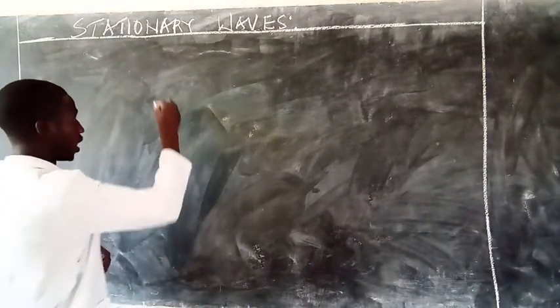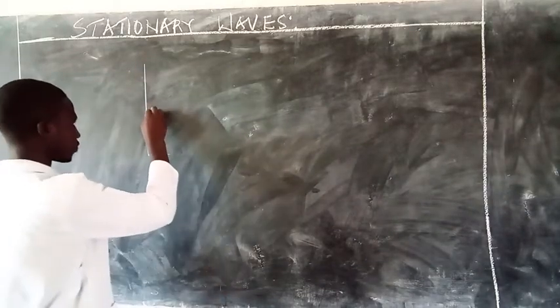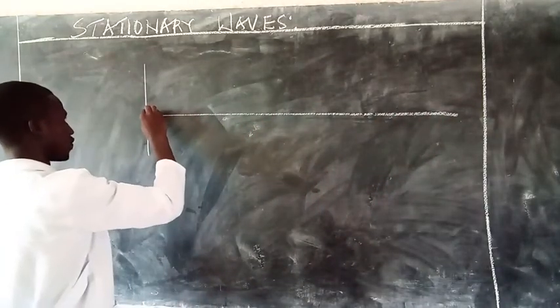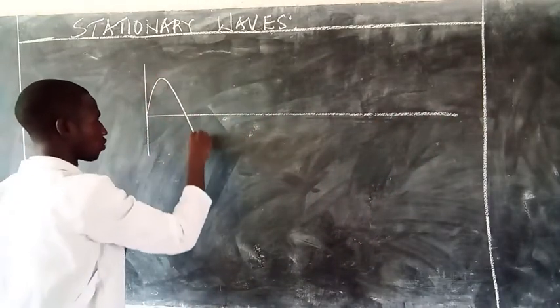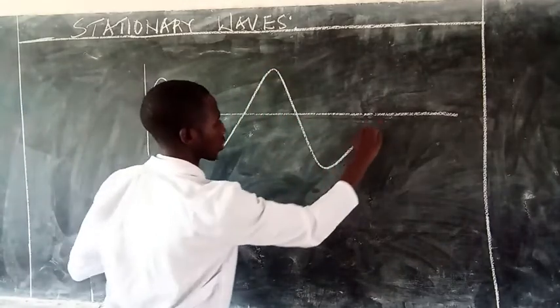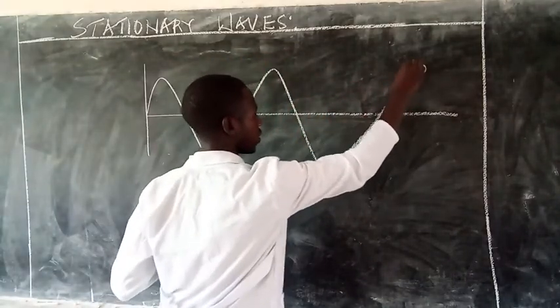So let's consider a progressive wave which is moving from left to right. Let me call this wave 1.